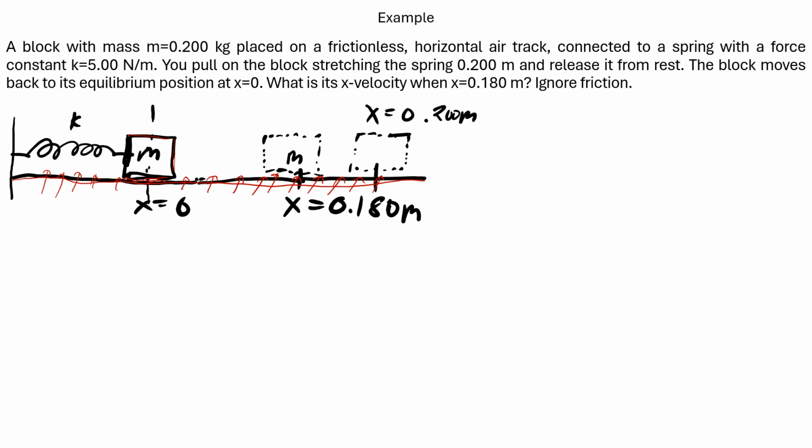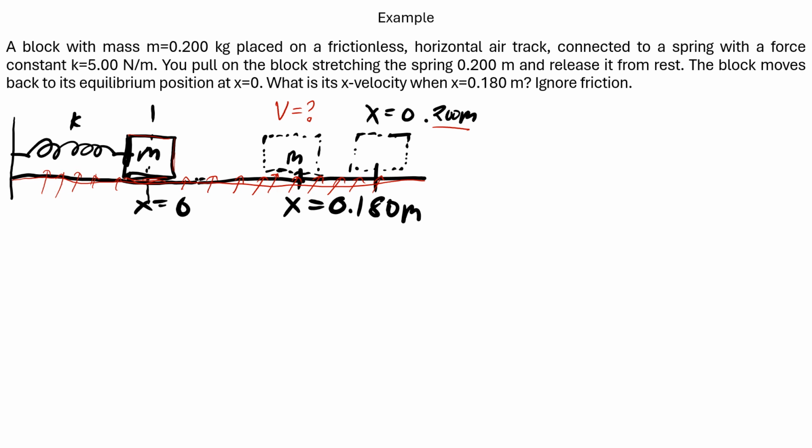Okay, so that is connected with a spring. Of course, we have a spring constant k, and it is being pulled to x equals 0.200 meters, and then we are concerned about its velocity at this point.